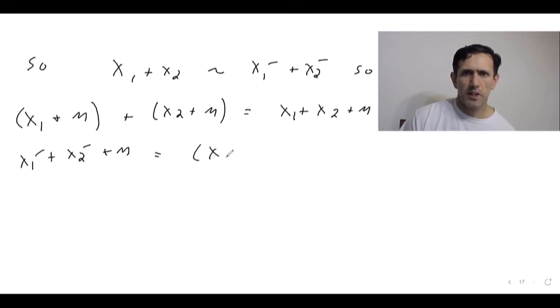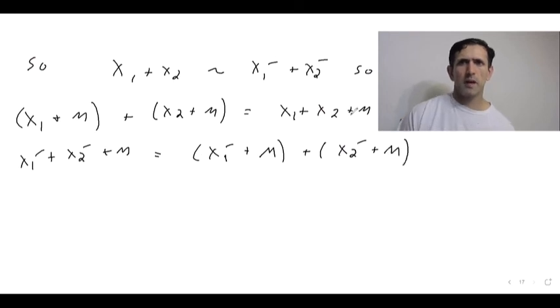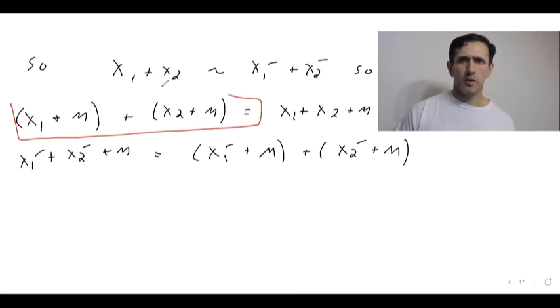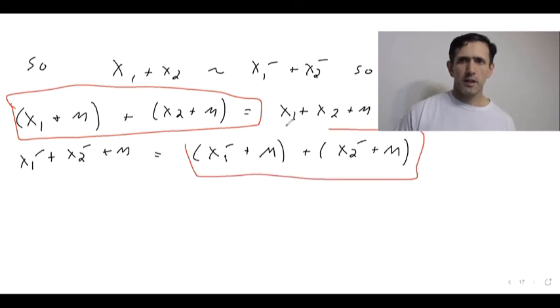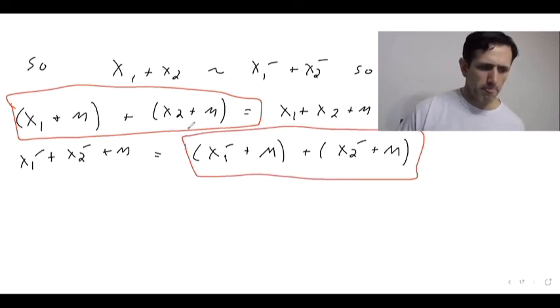And this, by definition, again, is x1 prime plus m, x2 prime plus m. Okay. And this is exactly what we needed to show, to prove well-definedness, that these two are equal.